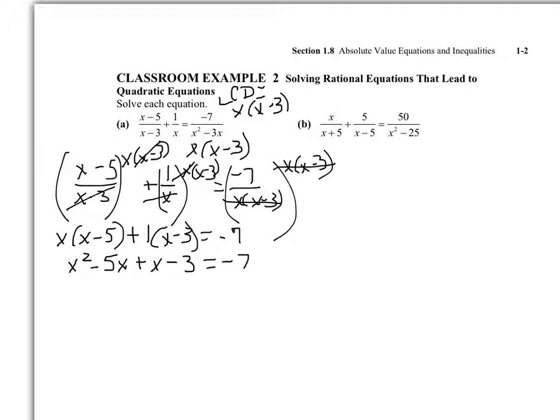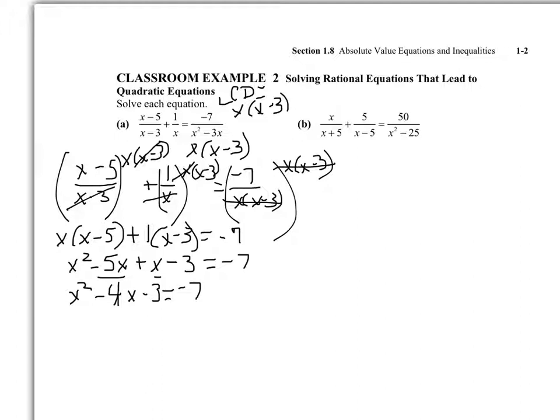So we distributed through in both of those parentheses, and I do see some like terms that need to be combined. The negative 5x plus x, if I add those together, I get minus 4x. So I have x squared minus 4x minus 3 equals negative 7.